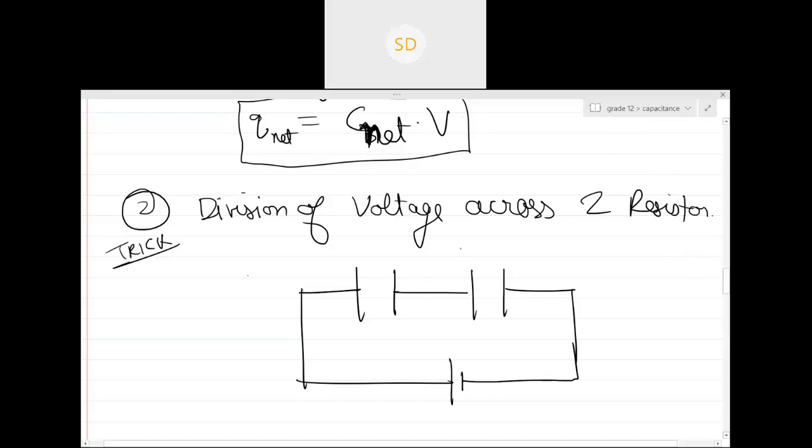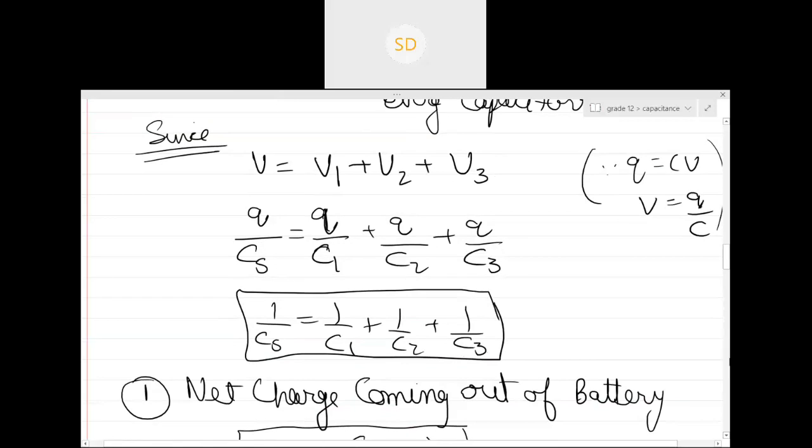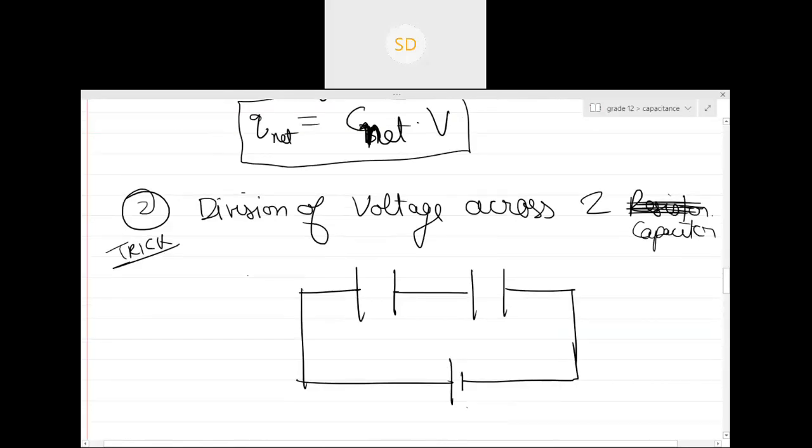Anyways, done it. So, division of voltage across two capacitors. Now see, guys, there are two capacitors.